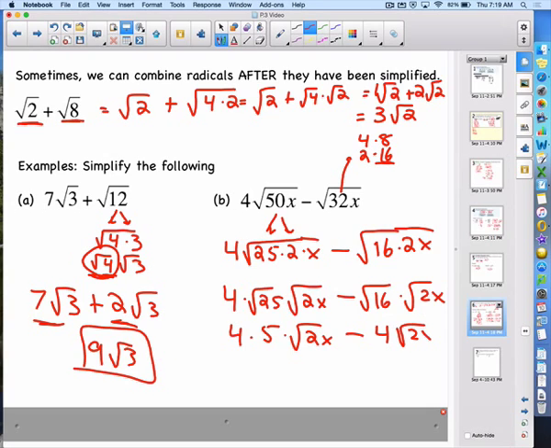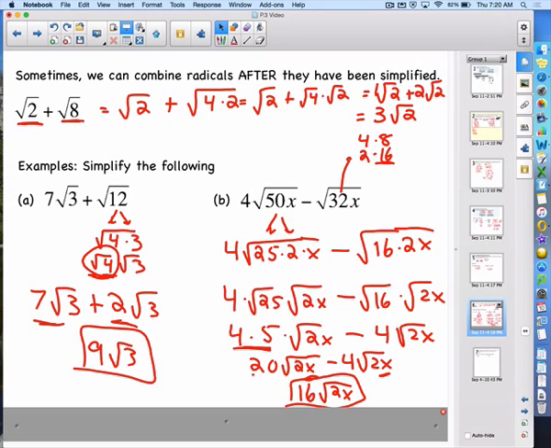I still have the 2x left underneath. These two just get multiplied. So 20 times the square root of 2x minus 4 times the square root of 2x, and we're almost done. Now these two match perfectly, I can finally do 20 minus 4 is 16 times the square root of 2x. And that would be my final answer there.